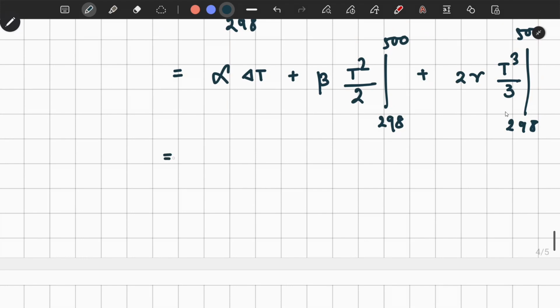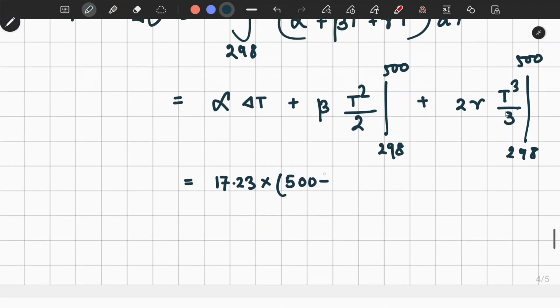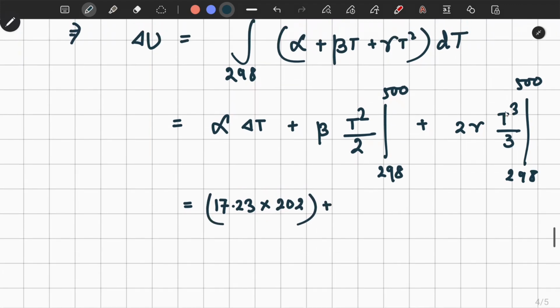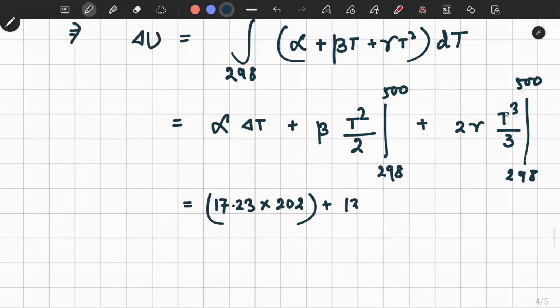I don't know, the answer is not matching. Maybe you are correct. So alpha is 17.23, and the delta T is 500 minus 298, so that is 202, plus beta. Beta is 13.61 into 10 to the power minus 3, and it will be divided by 2, times 500 square minus 298 square, correct?